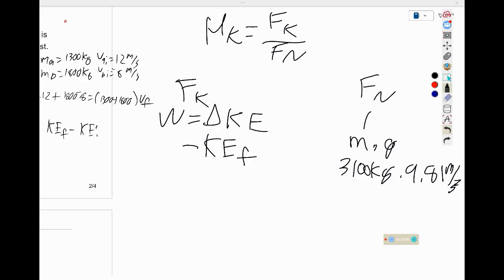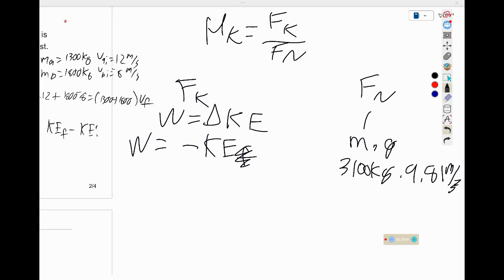We then lose that over 12 meters, okay? So now we have work equals negative KE. This gets a little weird, but we know delta KE in general equals final minus initial.